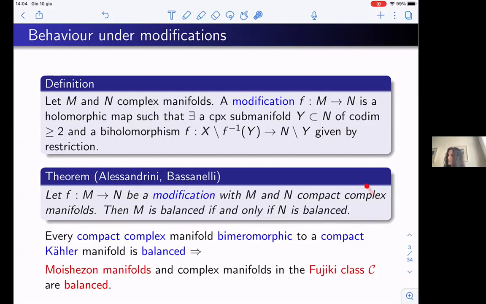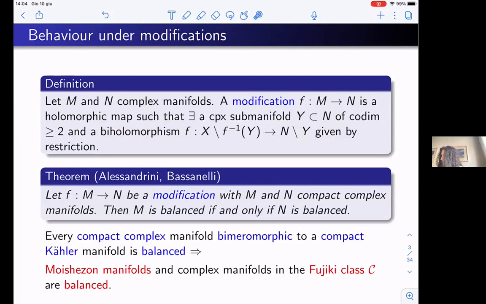That's very nice, this property shown by Alessandrini and Bassanelli, because it says essentially that bimeromorphisms preserve the balanced condition. So one can get balanced manifolds in an easy way just by applying a bimeromorphism to a Kähler manifold. In particular, if you apply it to a projective manifold, you get the Moishezon manifolds that we considered already in the first lecture. And more generally, if you apply a bimeromorphism to a compact Kähler manifold, you get what are called the manifolds in Fujiki class C.